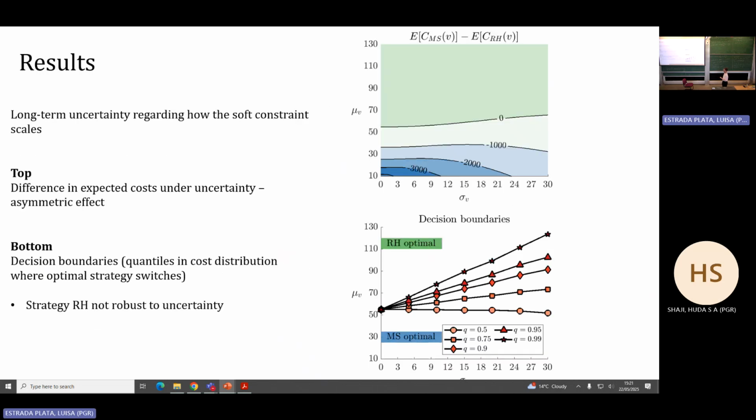So you can go further and compute the difference in the expected costs. And again, this is just highlighting that our running hot strategy in green, when it's optimal, it's usually not optimal by a whole amount. So it's very lightly shaded green, whereas when the mistimed suppression strategy, the blue one, is optimal, it tends to be far more optimal.